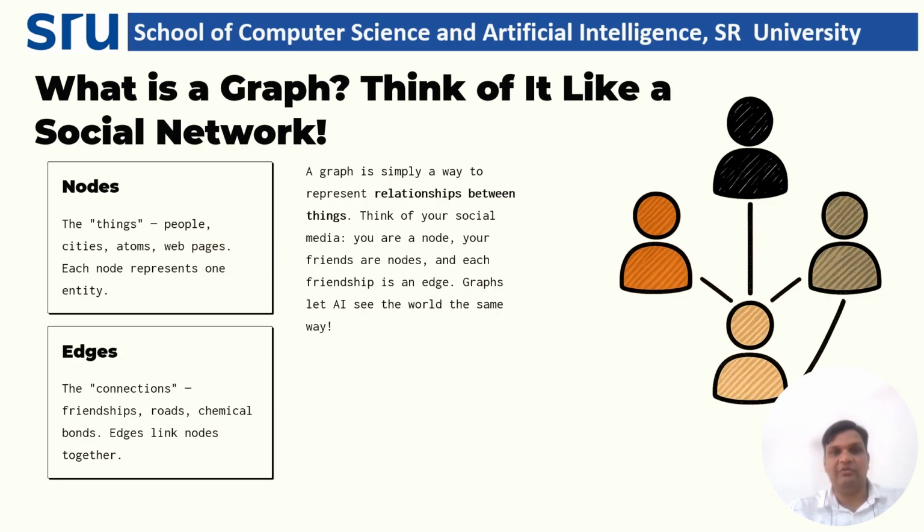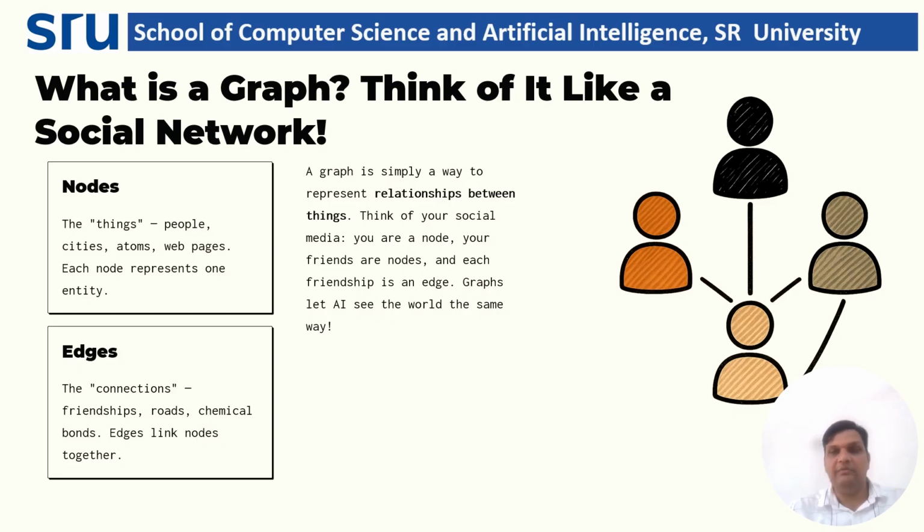Edges link nodes together. A graph is simply a way to represent relationships between things. Think of your social media. You are a node, your friends are nodes, and each friendship is an edge. Graphs let AI see the world the same way.